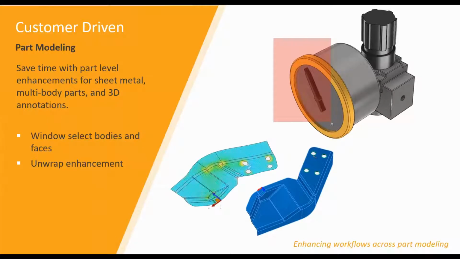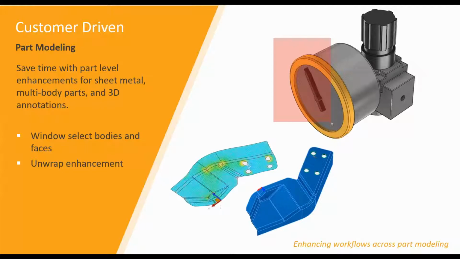So what we have here is the option to select and filter bodies, faces, and edges, and you can then window select multiple number of bodies, faces, or edges again in a multi-body part. So that feature was pretty much missing in Inventor 2020, but it's a great improvement for the 2021.